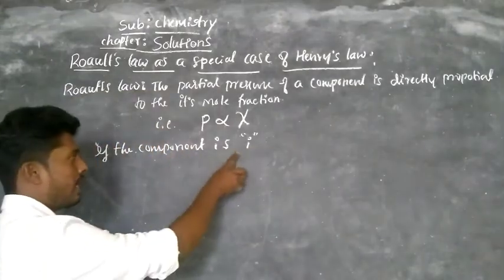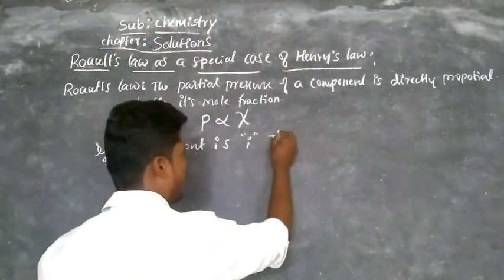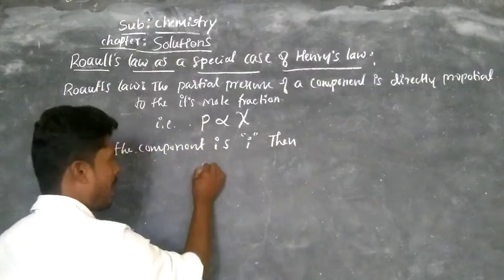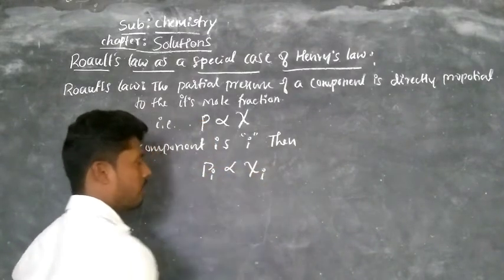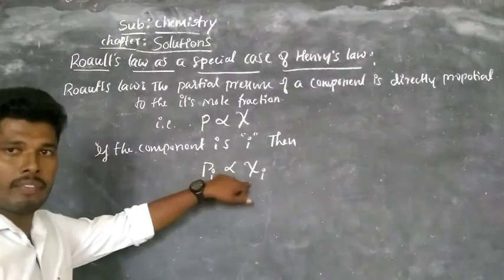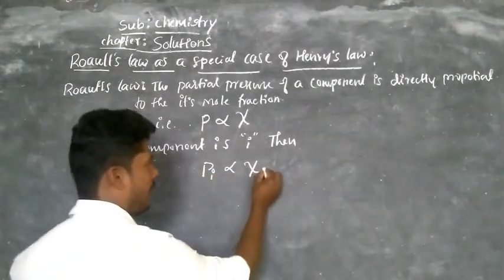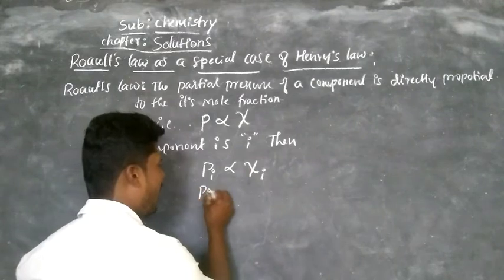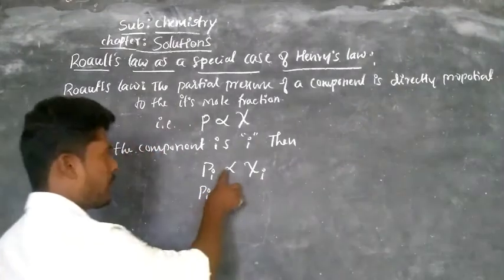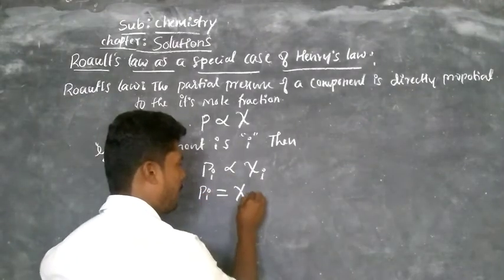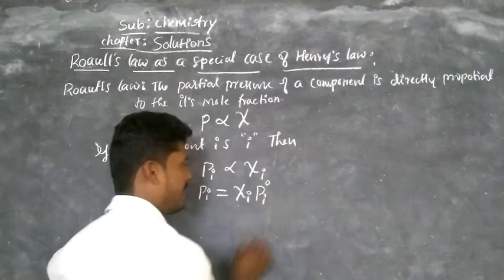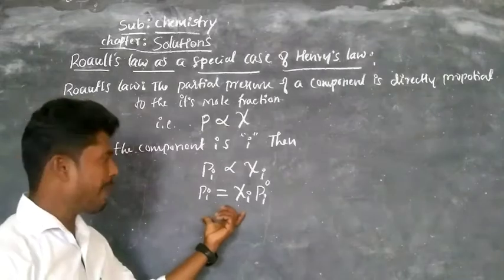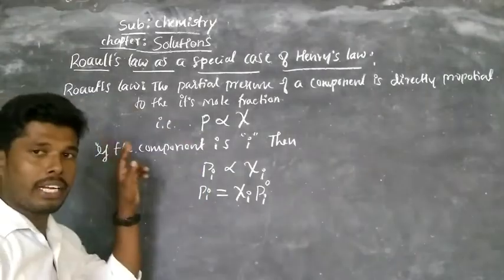If the component is i, then by Raoult's law, P of i is directly proportional to the mole fraction chi of component i. Therefore, by removing the proportionality constant and putting in the vapor pressure, P of i is equal to P naught i, the vapor pressure of pure component i, into chi i. So this is the mathematical equation for Raoult's law, that you know.